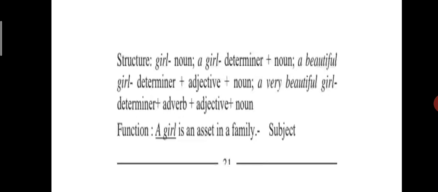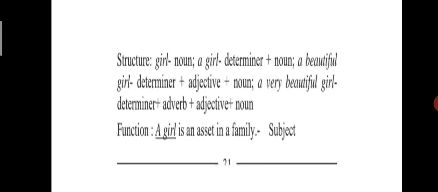See, girl. The word girl is a noun. A girl: a in the phrase is a determiner and girl is a noun. A beautiful girl: a is a determiner, beautiful is an adjective, and girl is a noun. A very beautiful girl: a is a determiner, very is an adverb, beautiful is an adjective, and girl is a noun.